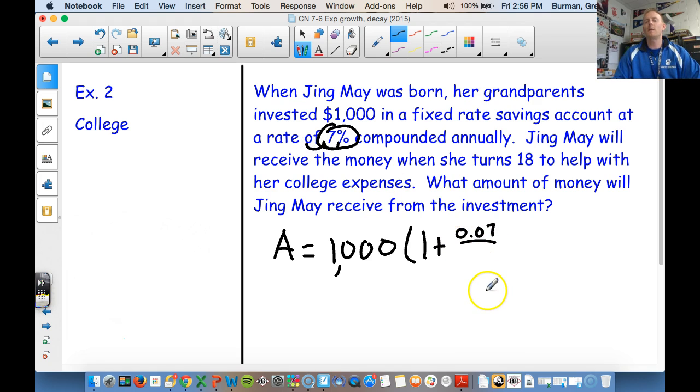N is the number of times it's compounded in 1 year. And since it says the word compounded annually, it's going to be 1 time a year. And then we're going to do 1 times those 18 years before she gets to have this money.